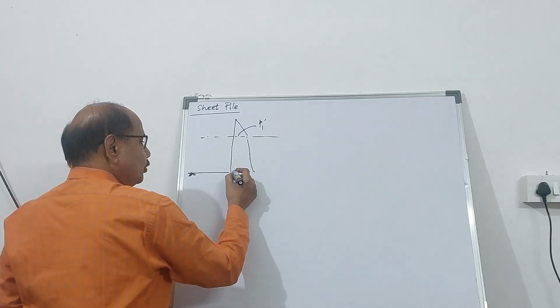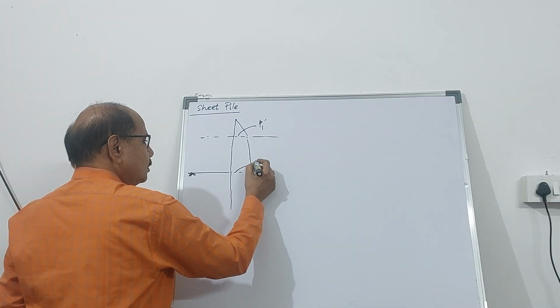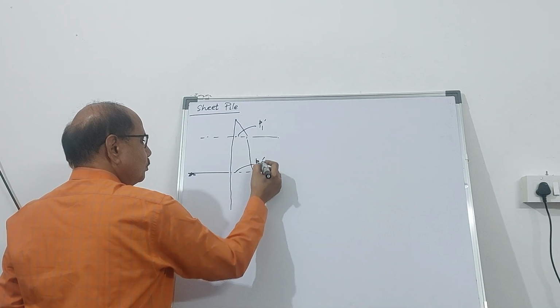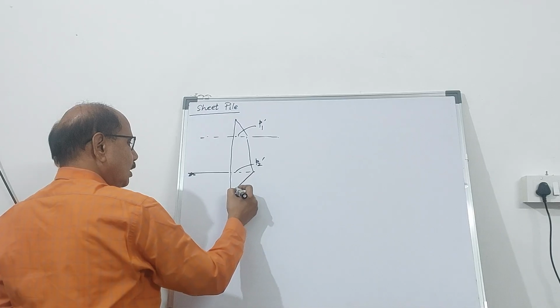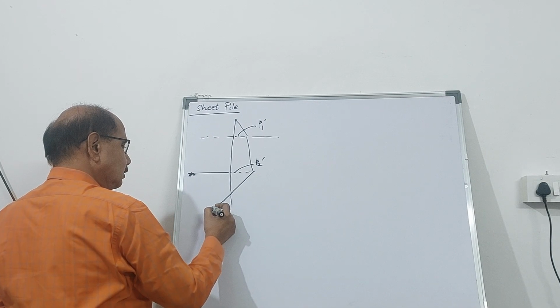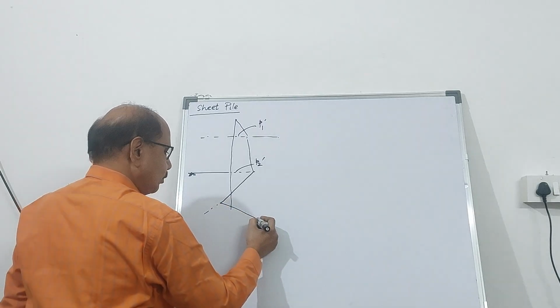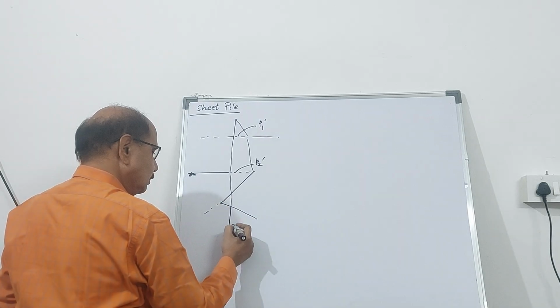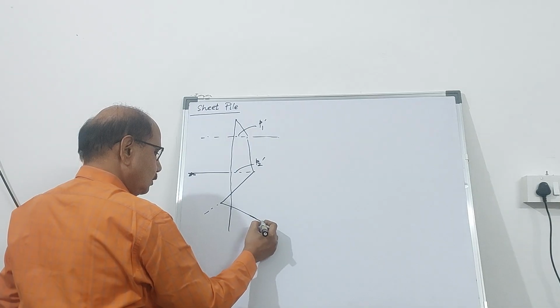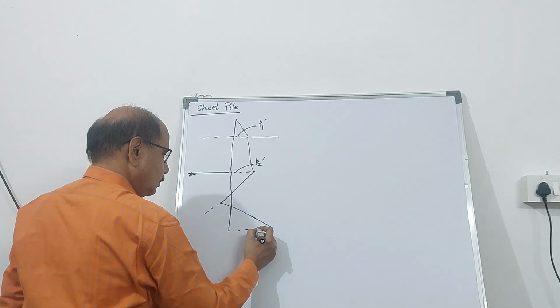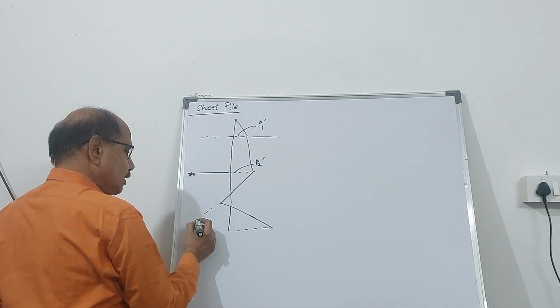Here the horizontal pressure was P2 prime, and then the pressure is further going like this.